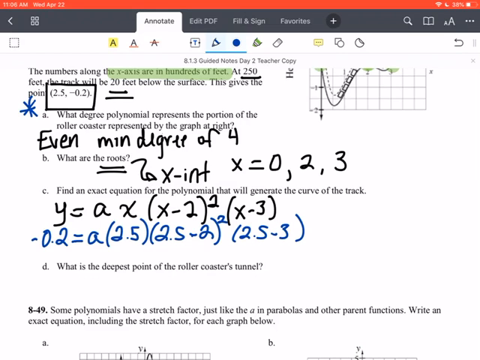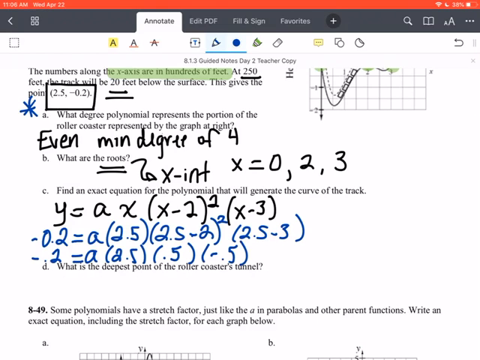Okay, so when we go ahead and do this, we're going to look at -0.2 = A(2.5)(0.5)^2 times 2.5 minus 3, which is -0.5.